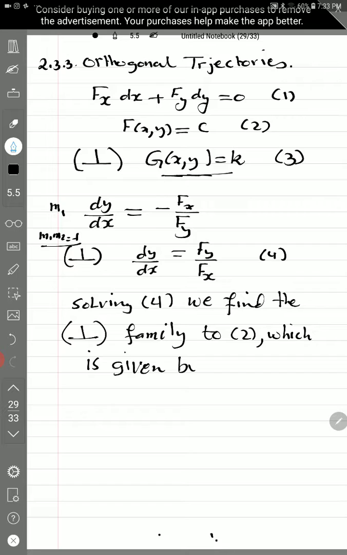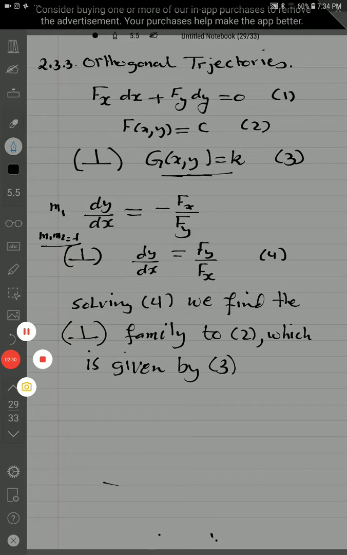So in fact, this is a sketch of what we shall do here. And now I shall give an example to explain this.